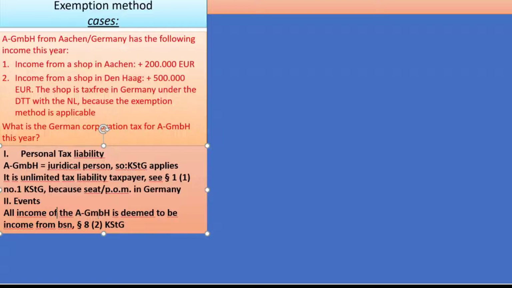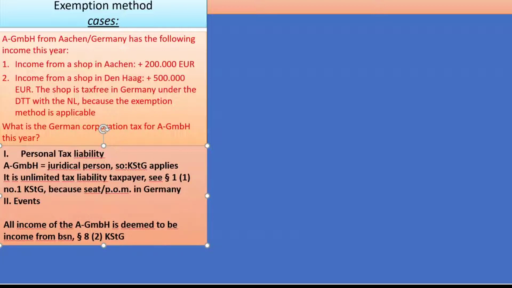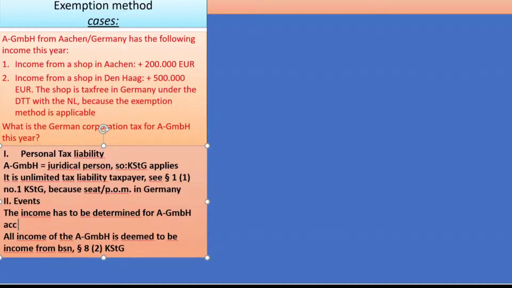And even before, we might make a small initial remark, which we already know. The income has to be determined for a GmbH according to the rules of the Income Tax Act plus KStG rules.